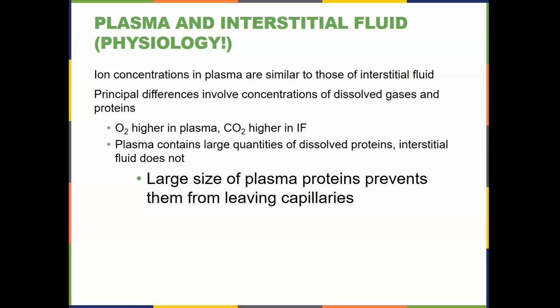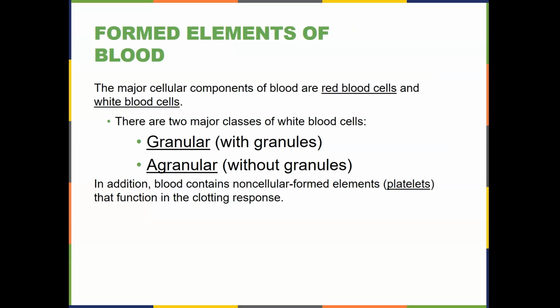Interstitial fluid doesn't, because cells will absorb those proteins and use them. The large size of the plasma proteins, those albumins, prevents other proteins from escaping through capillaries, and actually water too. You will learn a lot about that in physiology.